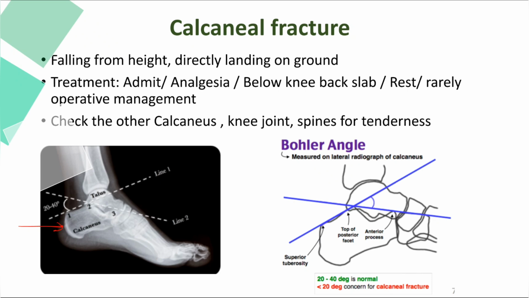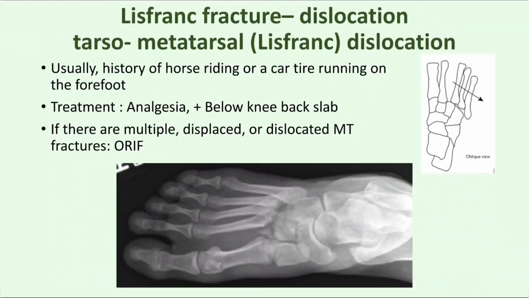Also examine the other foot for calcaneus fracture. You have to admit, give good analgesia, a below knee back slab, and rest to the patient. Sometimes they need operative management if it is comminuted, displaced, and things like that. Check the other calcaneus, knee joint, and spine for tenderness.